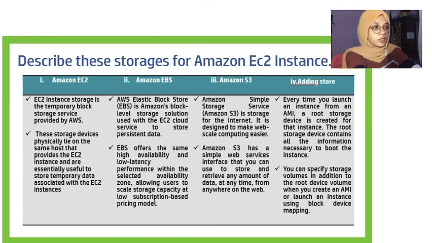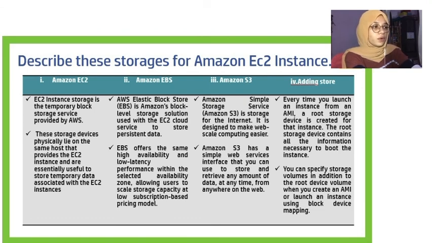Third, Amazon S3, Amazon Simple Storage Service. Amazon S3 is storage for the internet. It is designed to make web-scale computing easier. Amazon S3 has a simple web service interface that you can use to store and retrieve any amount of data at any time from anywhere on the web.